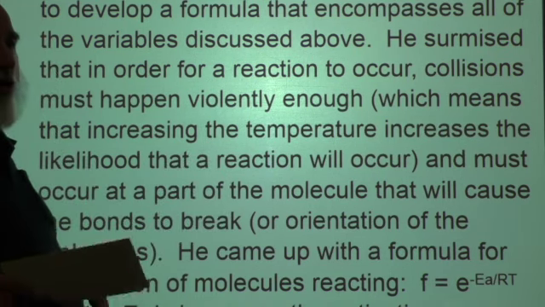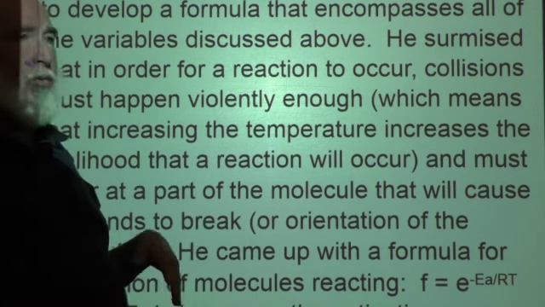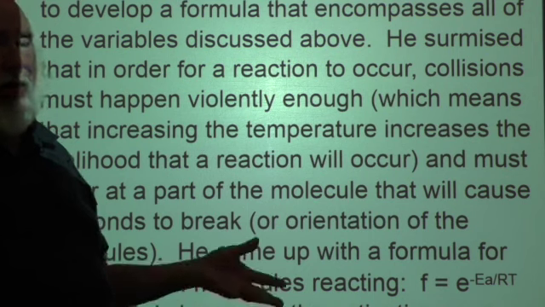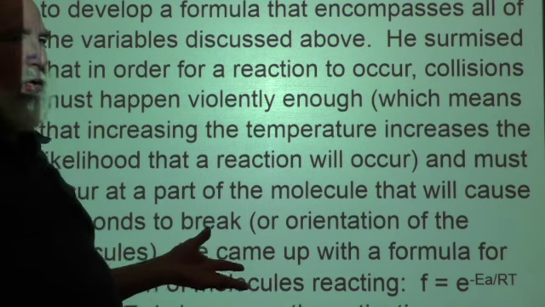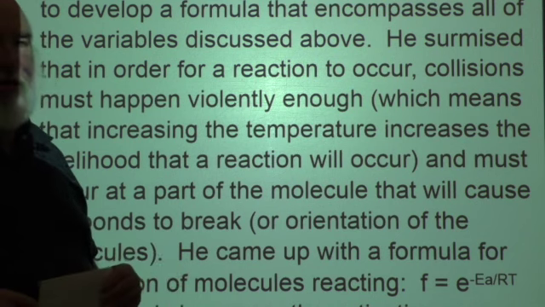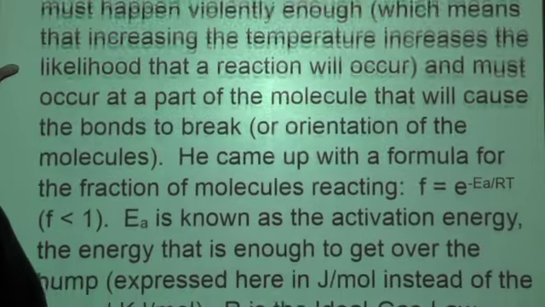And from that, he surmised, correctly so, that the rate constant was directly proportional to the rate of reaction. The higher the rate constant, the faster the reaction is going to go. And so that's why we spent all that time working with k values in those particular homework problems.